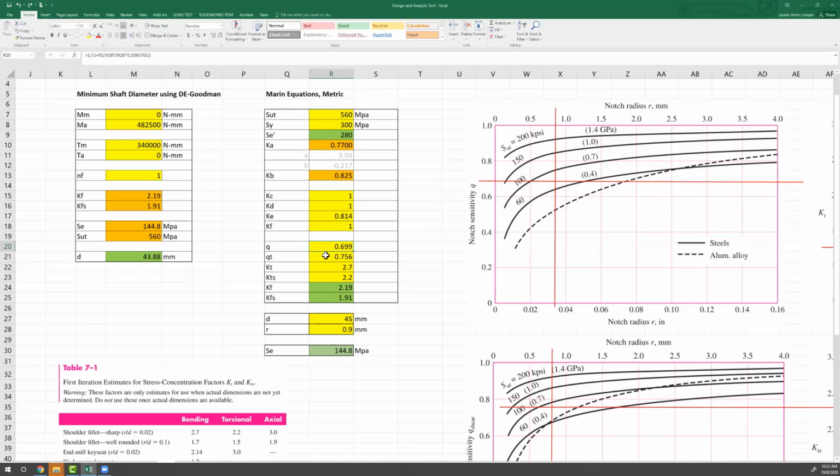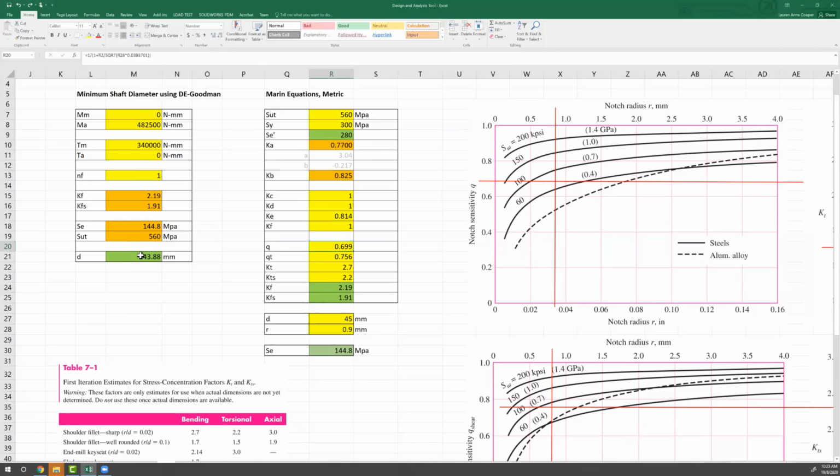So using this updated geometry, we get lower values for Q and QT, which lowers our values for KF and KFS, the fatigue stress concentration factors. Now those new updated values are fed back in to equation 7-8, so 2.19 and 1.91 for KF and KFS. That gives us a new estimate for our diameter of 43.88, which is getting really close to 45.